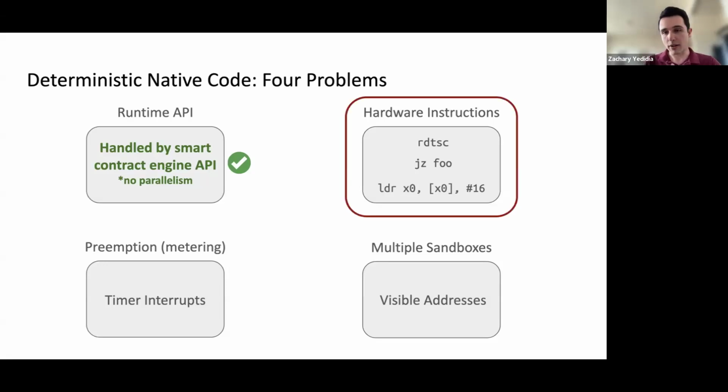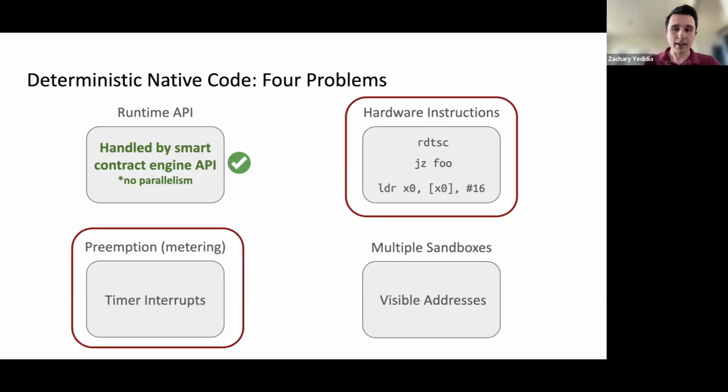The other problems I'll tell you about, and how to solve them, are things like hardware instructions and the non-determinism that can come up in those. Then, how to do preemption, specifically how to do it deterministically. Normally when you preempt programs, you use timer interrupts, and that's not deterministic, so we have to do something special there.